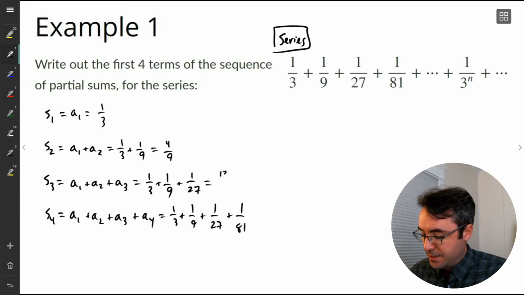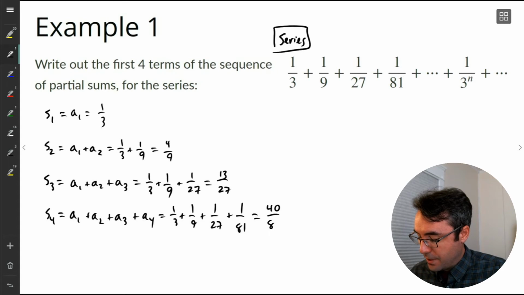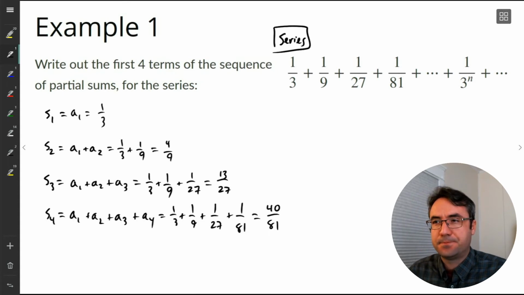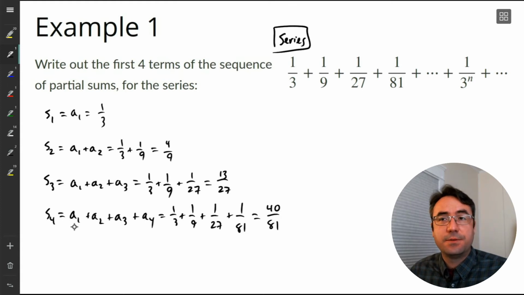We get 13 over 27. And then for the last one, if we add these 4 fractions, get a common denominator, we end up with 40 over 81. All right, so here are the first 4 terms in our sequence of partial sums.